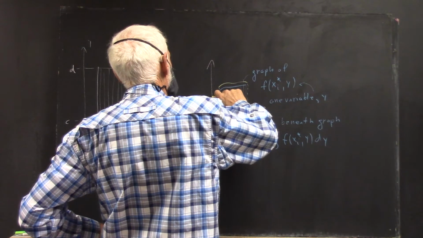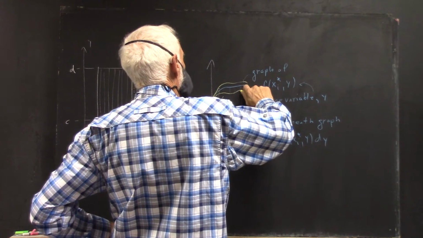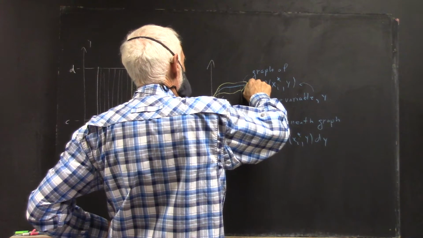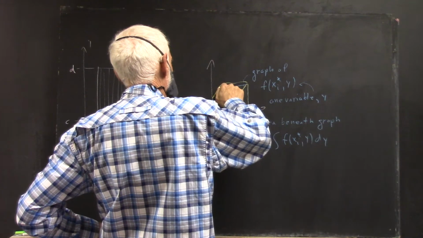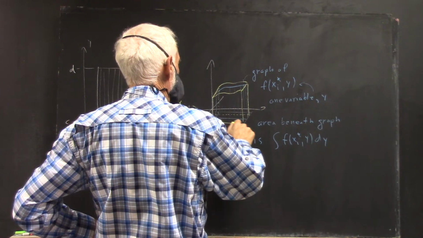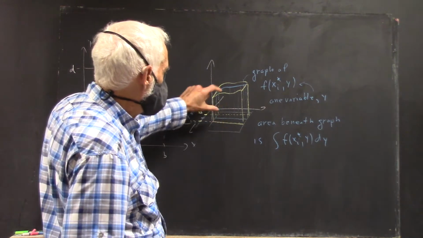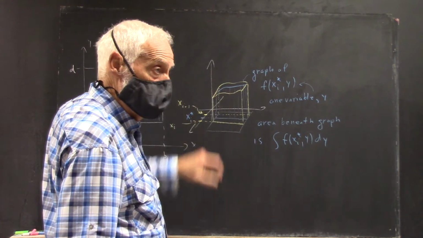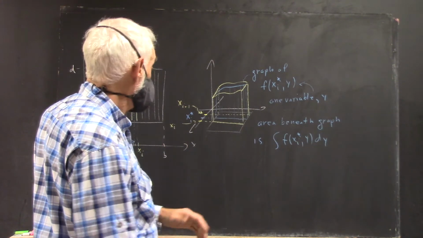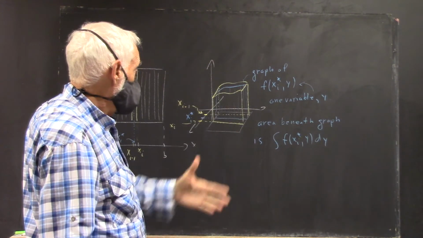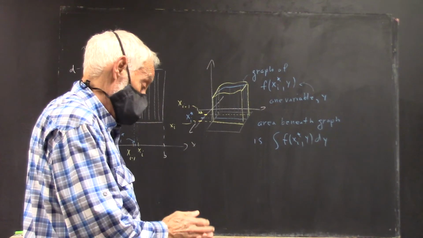And now if we connect everything, we've got a three-dimensional region here, between the xi slice and the xi minus 1 slice.